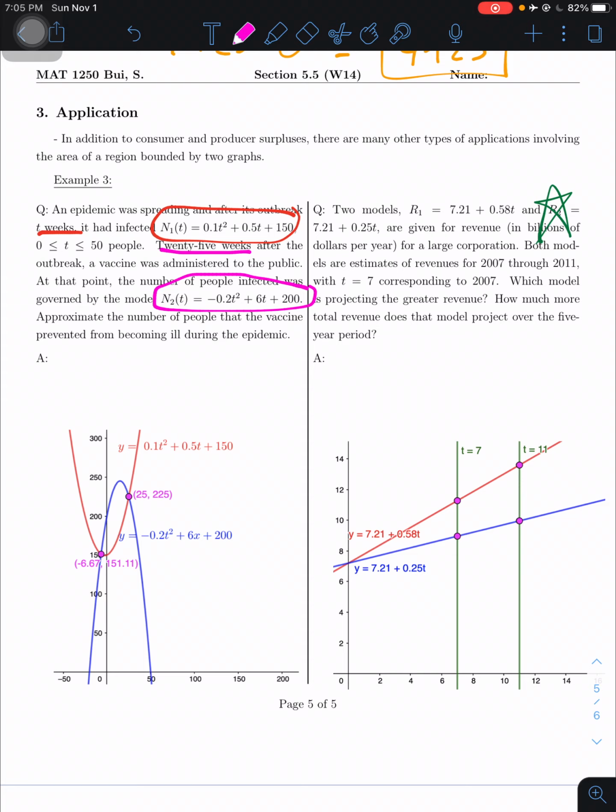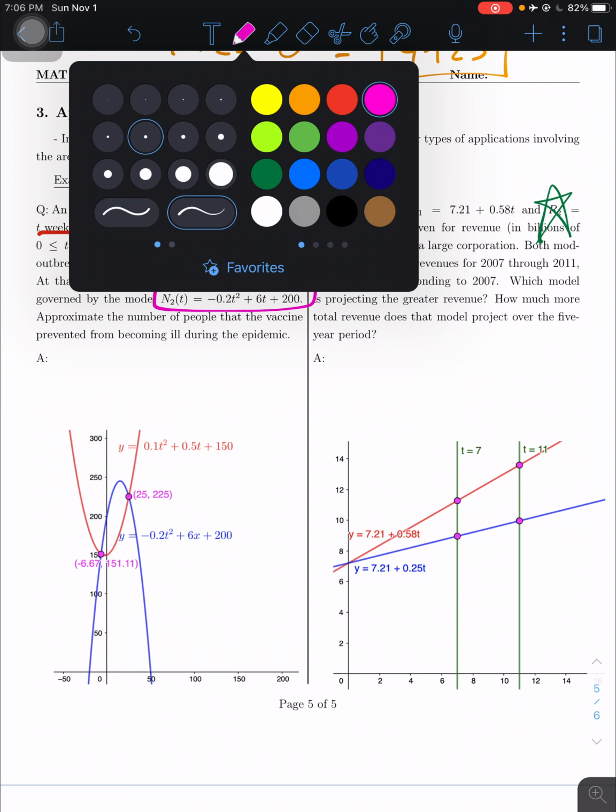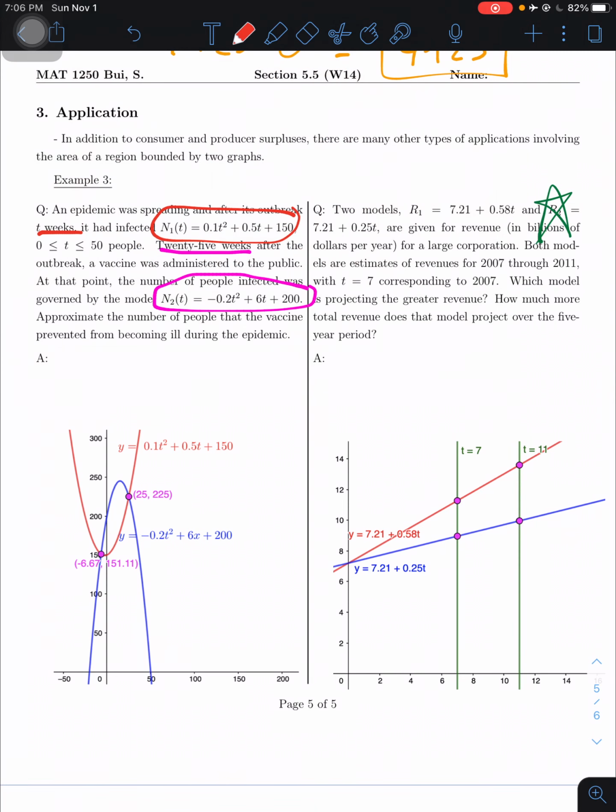Well, personal advice, first thing first, we have to graph them. But there's another trick to save you some time from graphing, and you still know which one is on top and which one is on the bottom. If you notice on the red function in here, the front number is a positive number, so we have a 0.2 t squared.